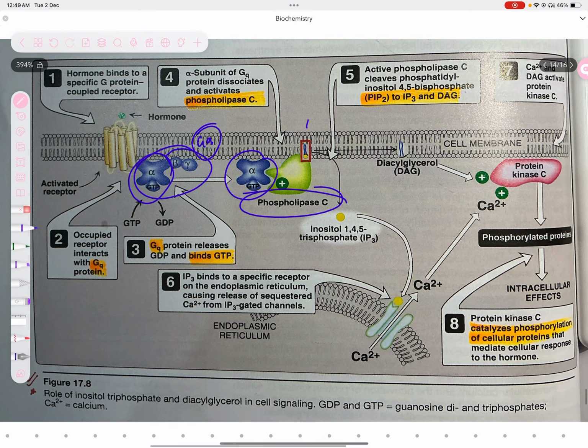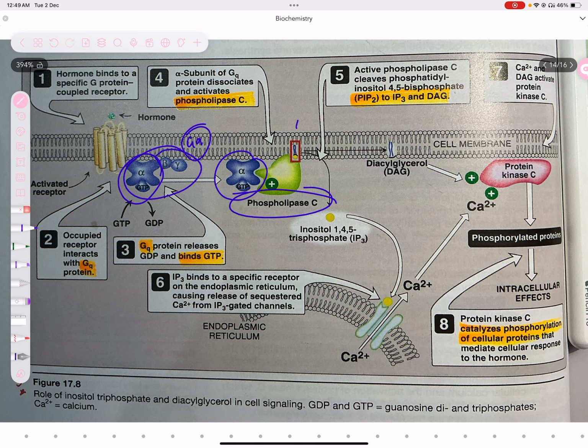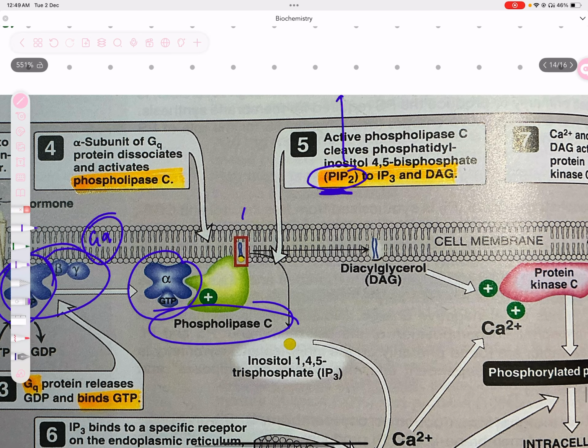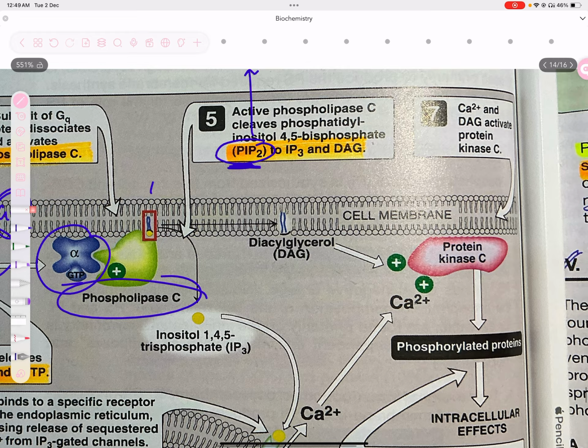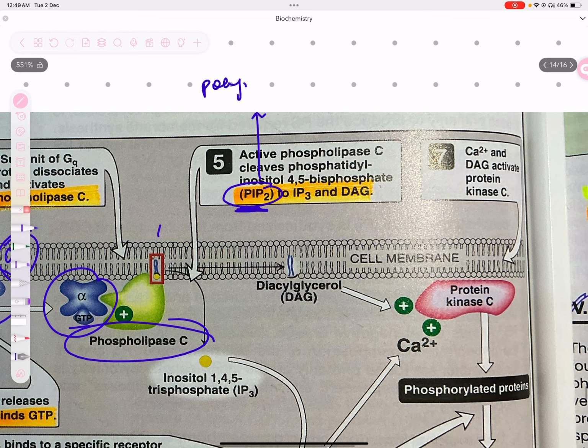Now, phospholipase is going to do what? Phospholipase C is going to break down phosphatidylinositol bisphosphate. This is basically, the book has used one term for this, which is polyphosphoinositides, right?